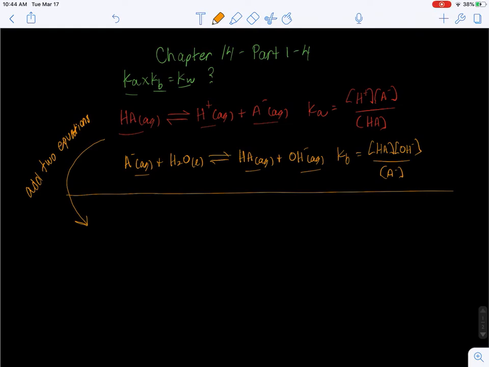So let's add these two together, okay? What we get is, and on the right, we add all those products up. Keep the states and everything carefully written.